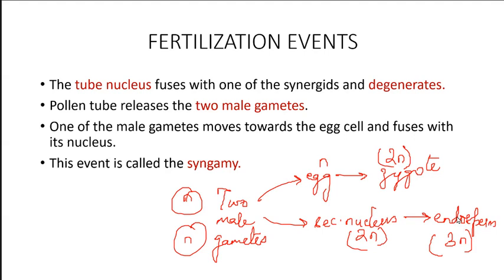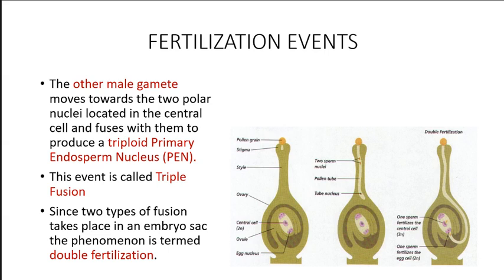We saw that the tube nucleus will fuse with one of the synergids and degenerate. The pollen tube will then release two male gametes. One male gamete will do this function and the other will do that function. The fusion is known as syngamy. Again, I have shown here that it enters the micropylar end, which is known as porogamy.